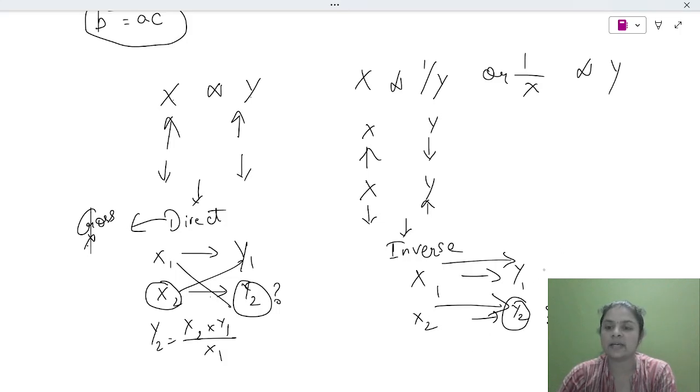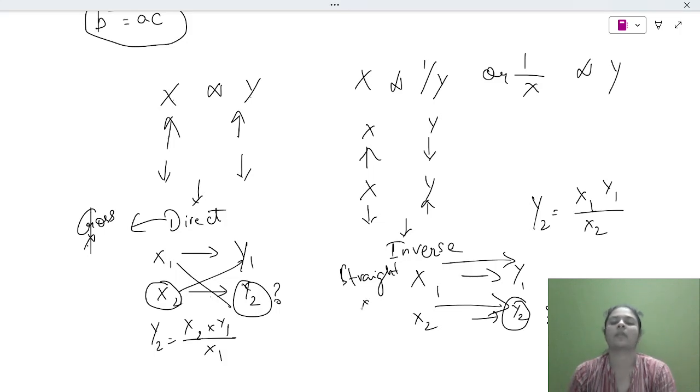Whereas here, to find out this variation, we will do x1 into y1 divided by x2. In other words, we are going to multiply straight. So, we call it straight multiplication. These are the shortcut points when it comes to variations.